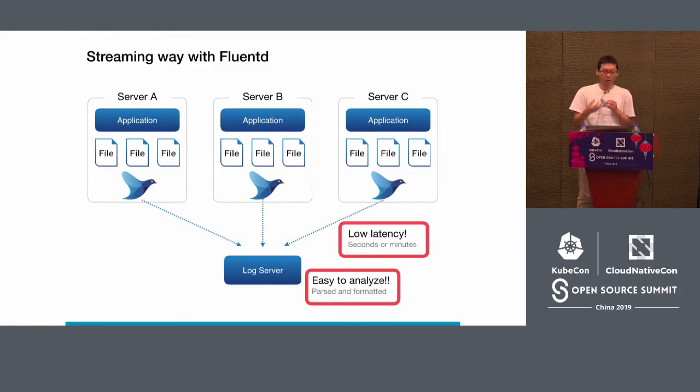So you can check the logs on the central server quickly. This is good for data log processing, because you can use Spark or another data processing framework with the newer logs. So you don't need to wait for log rotation or file completion.